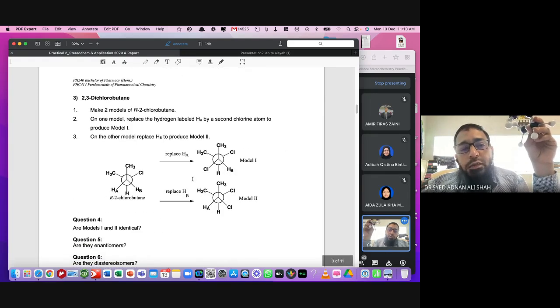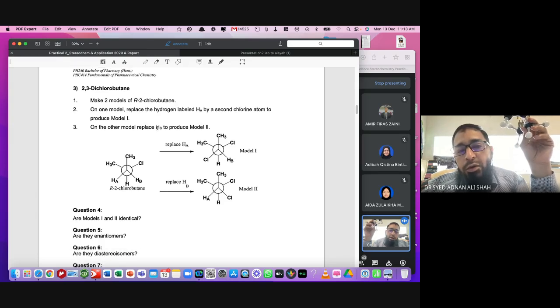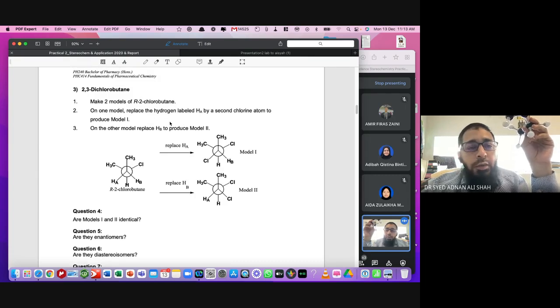Now we come to the second example, which is 2,3-dichlorobutane. So for example, we have R. I already told you the basics of all the stereochemistry, right?